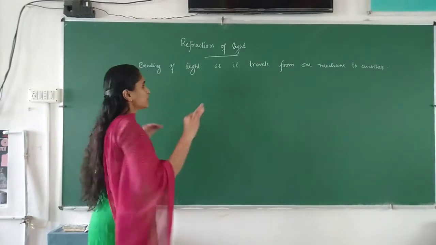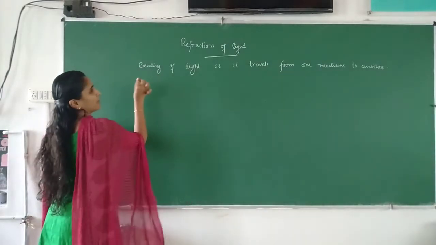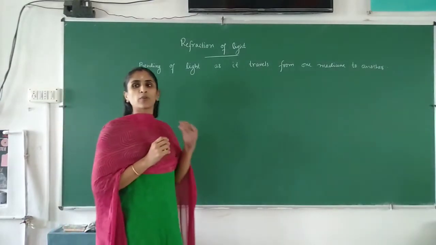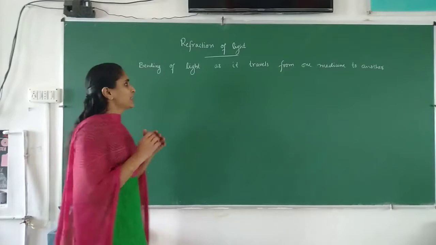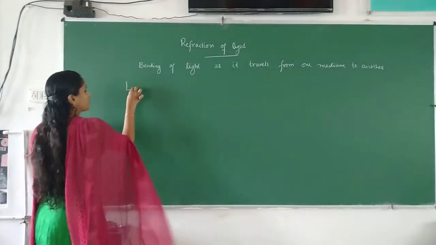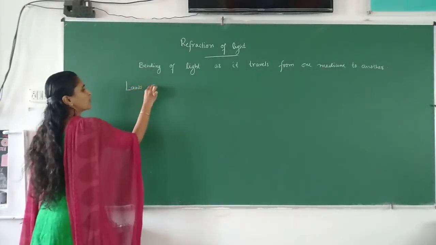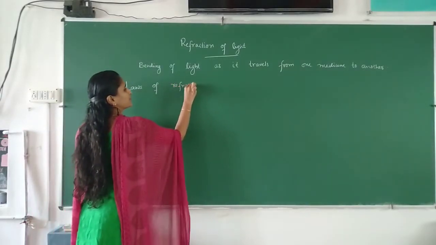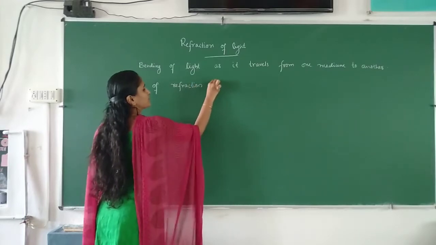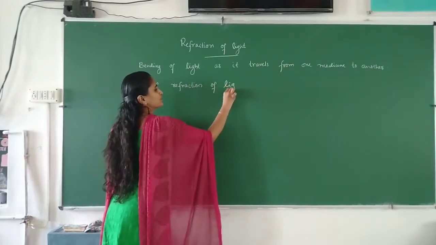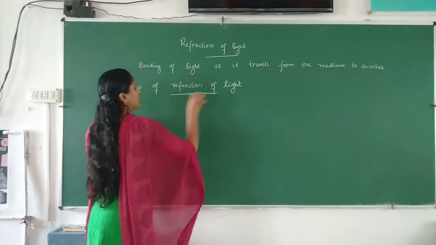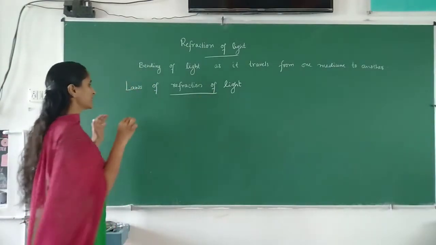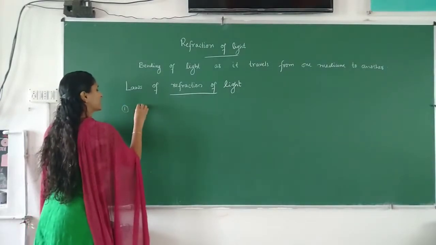Is it clear? So, whenever refraction is taking place, it obeys certain laws of refraction. Which are those laws? That we will see first. Laws of refraction of light. The first law is similar to that of reflection of light.